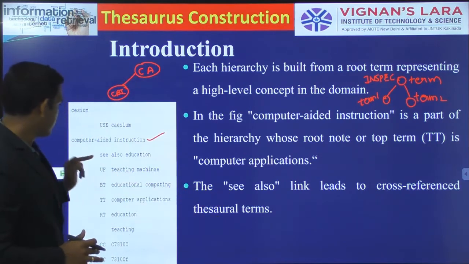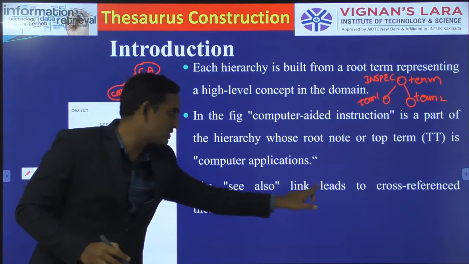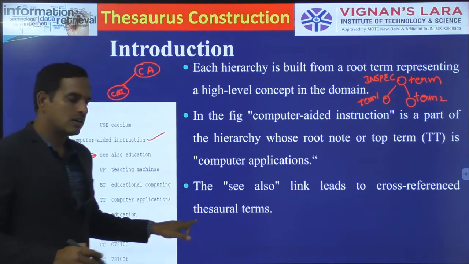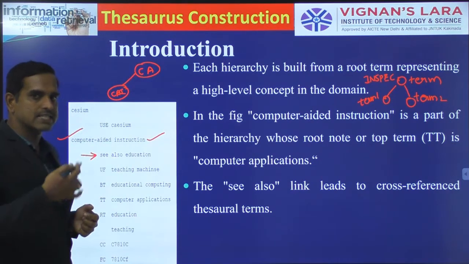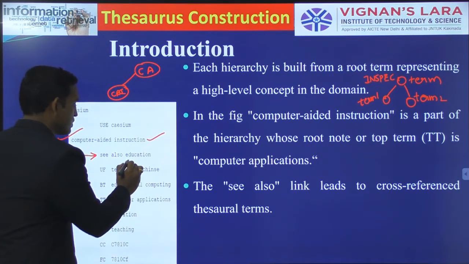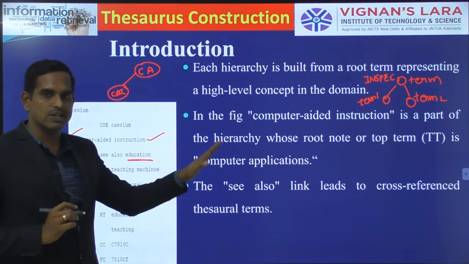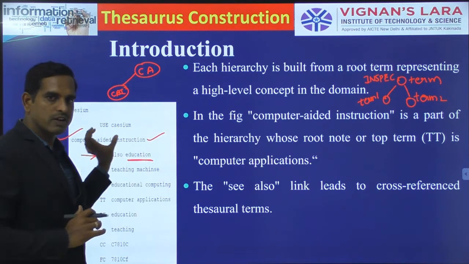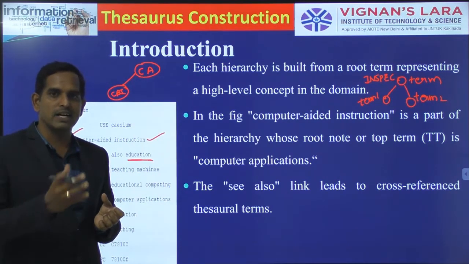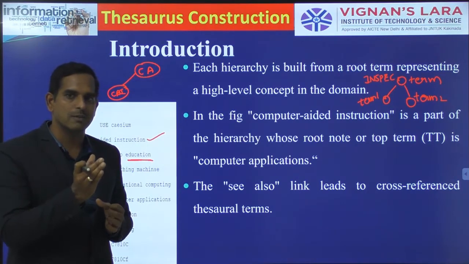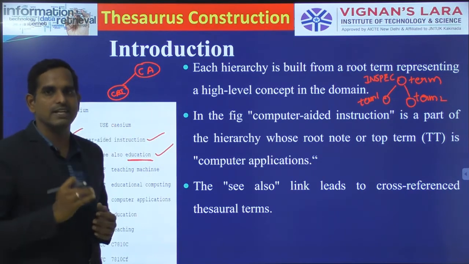Next, for this particular word, there is also a C also link which leads to cross reference thesaurus terms. When I get this particular word for either searching or indexing, I can also refer to the education word, computer aided education. If I am searching for computer aided instruction, I can also refer to the education term in the particular database.